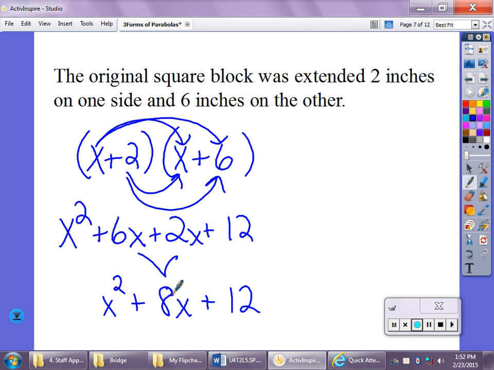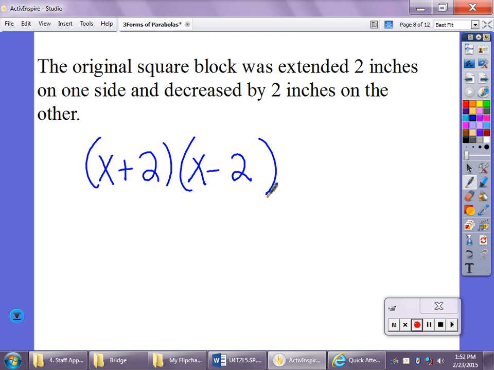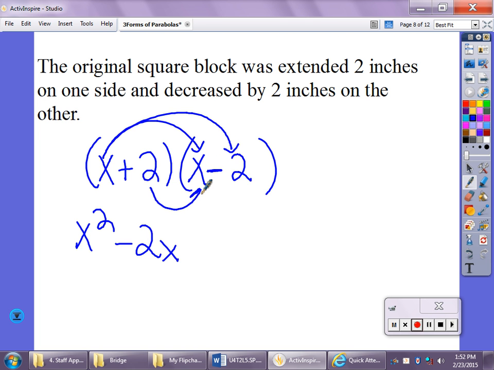Okay, moving on. The original square was extended by 2 and decreased by 2. All right, so we have x times x is x squared. Be careful, x times a negative 2 is negative 2x. 2 times x is 2x. 2 times a negative 2 is negative 4.